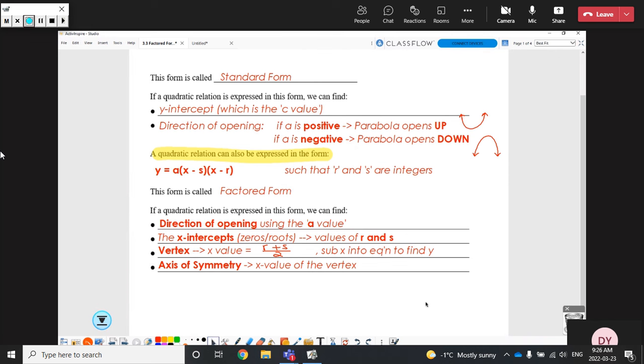Lastly here, axis of symmetry is the x value of the vertex. Okay, this is great information, but at this point, it's not going to mean a whole lot to us, me just talking about it. It's going to make a lot more sense when we start working with quadratics in this form.